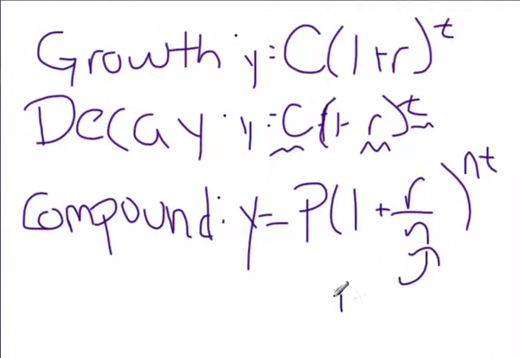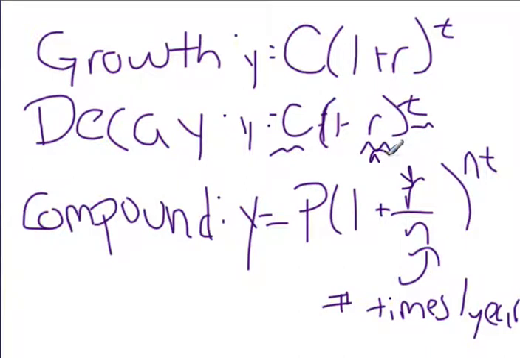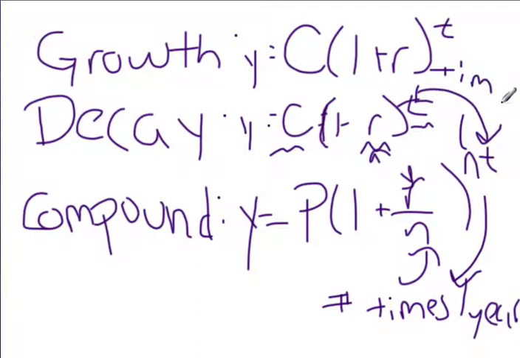So n is going to represent the number of times per year. R, again, is going to represent your rate just like it did up there. And this n is the same as this n down here. T still represents how much time is passing. And the P is going to be the start value, how much money you're putting in at the start.